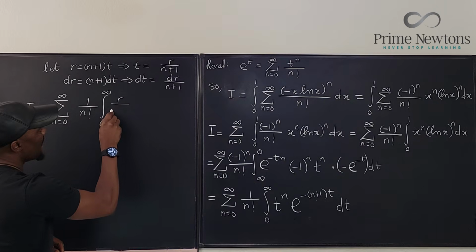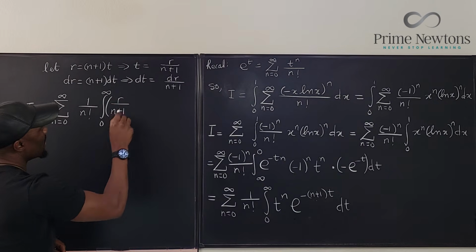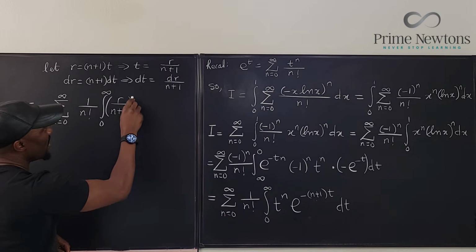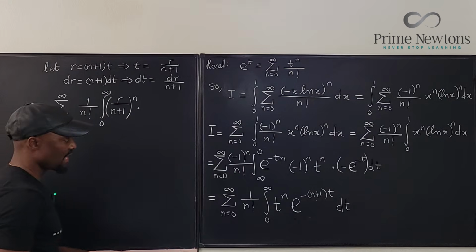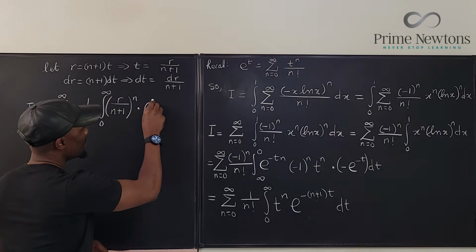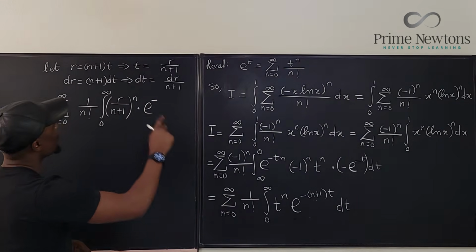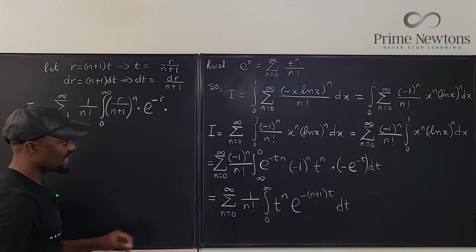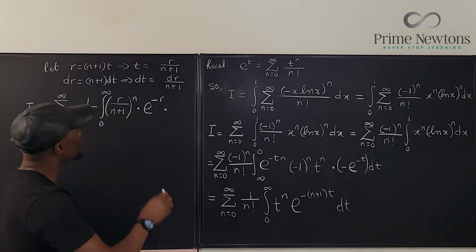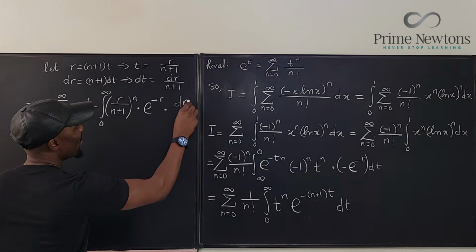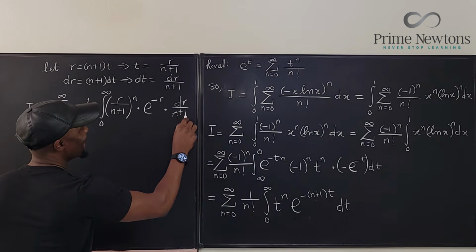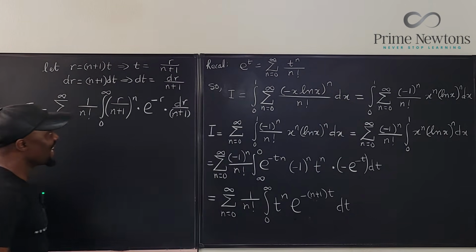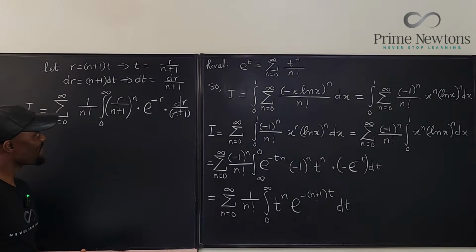R over n plus 1 will be raised to power n times e to the negative n plus 1 t, which will be r. And we have our dt is dr over n plus 1. Nice. What do you see?